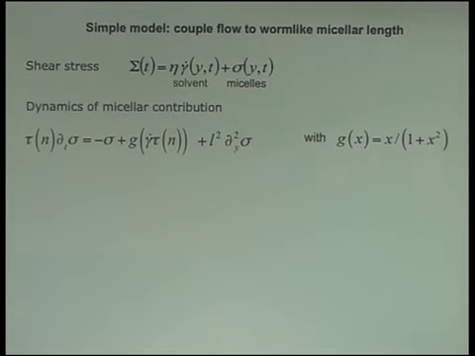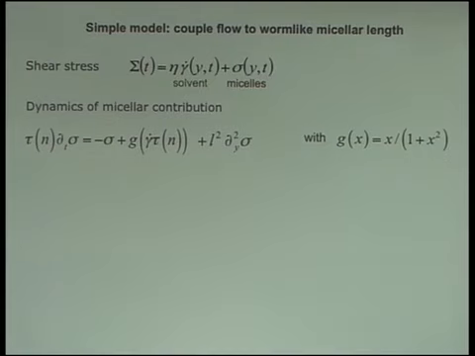In the first of those, I'm going to write down a very simple toy model that's directly descended from the simple toy model I wrote down a few slides ago. So, you've seen this model before. The shear stress in any fluid element has solvent and a micellar contribution. The micellar contribution relaxes on a timescale to this function, which gives an increase and a decrease. We have the gradient terms to talk about the interfaces. The only difference here is that we're assuming that this timescale is now a function of some auxiliary variable in the system.